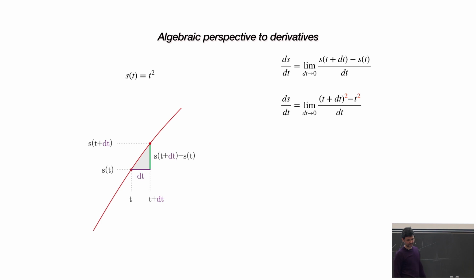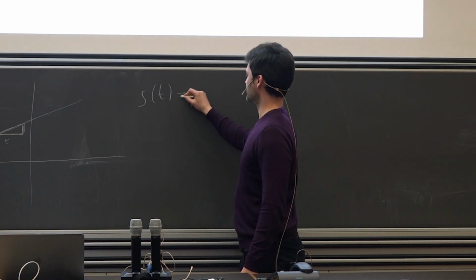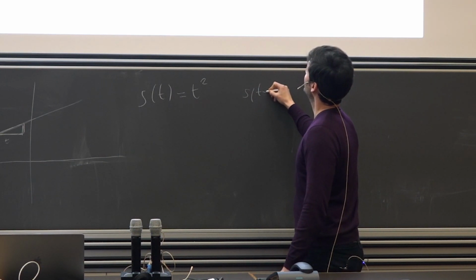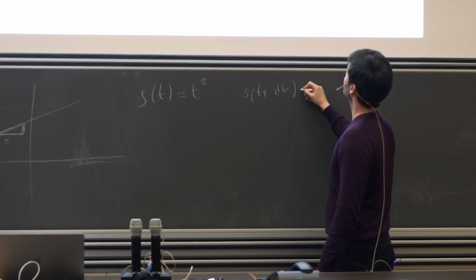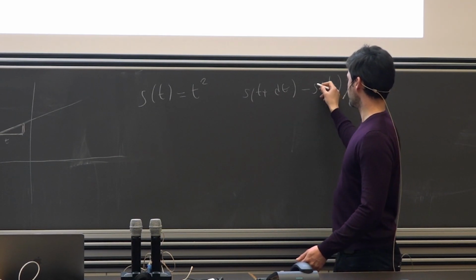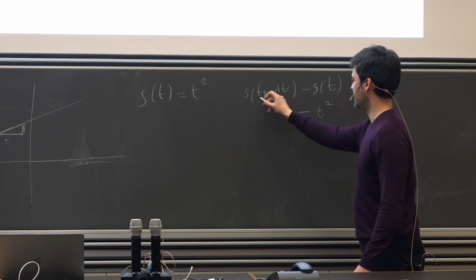Okay, now we have s of t equals t squared. And what we need to fill is s of t plus dt minus s of t. So we need to replace it. So s of t, we know what it is. s of t is t squared. What is s of t plus dt?